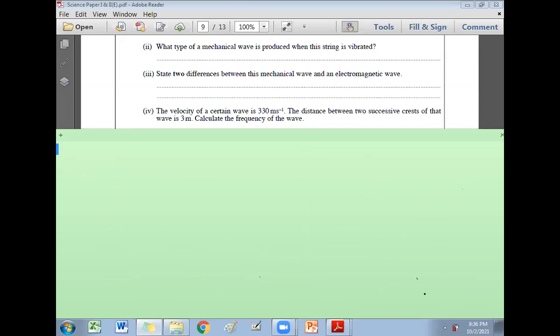To calculate frequency, these are the equations. One equation, frequency equals number of waves divided by time taken.